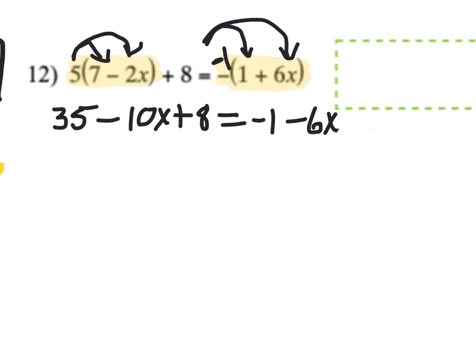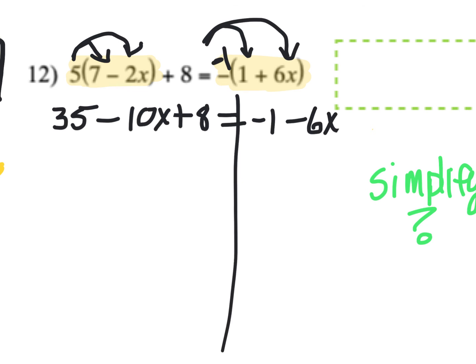Your next step is to determine whether or not you have anything you can simplify, anything that you can put together. And you've got 2 sides of the equal sign. So take a look over here and see if there's anything you can simplify. Take a look over here and see if there's anything you can simplify. Pause it, try it yourself. I'll be right back.